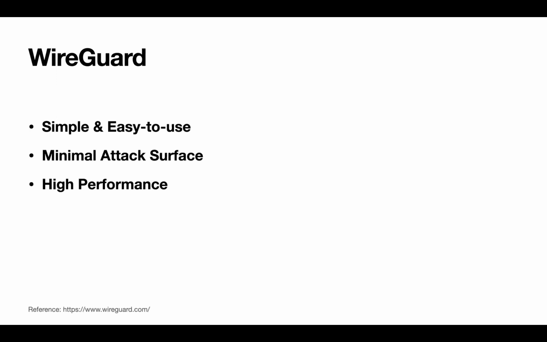We just need an endpoint and a public key. We can just add another node as a peer. For example, we don't need some other handshake or other operations. We can just add a node as a peer locally. So it is very simple and easy to use.